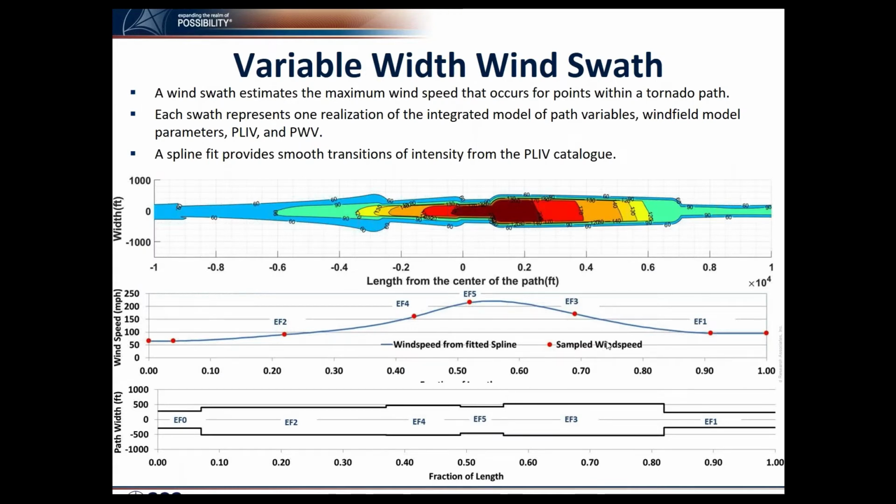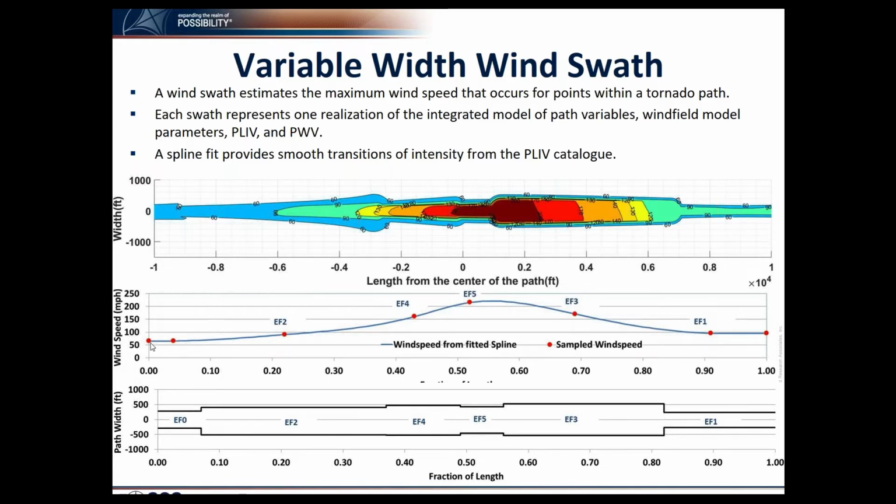This is an example of the variable wind swath that we produced from a sampled catalog event. This is an EF5 event, and we first sample the maximum wind speed in each of the segments using the EF scale wind speed distribution. I'm going to talk about that distribution later in this presentation.